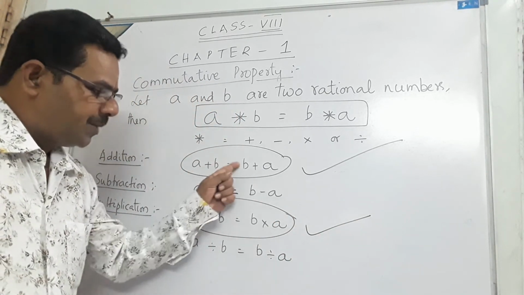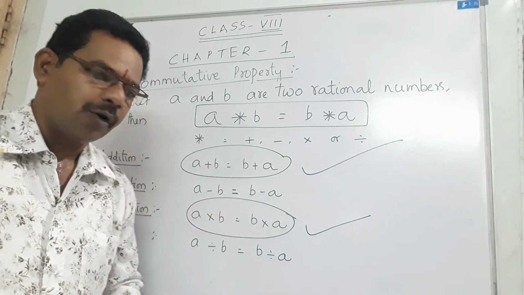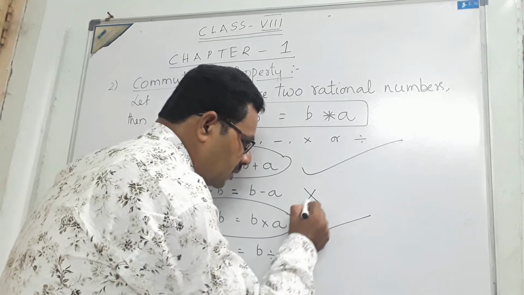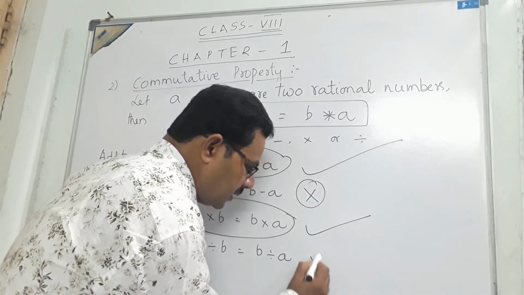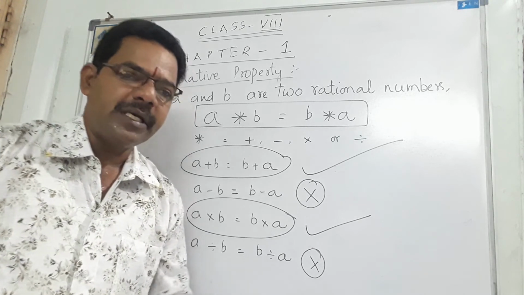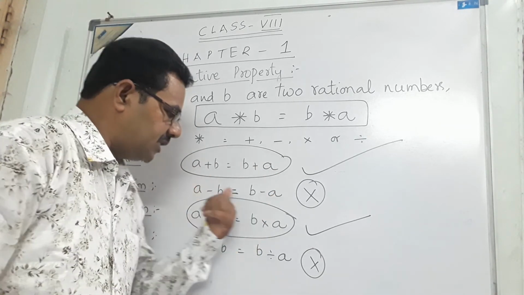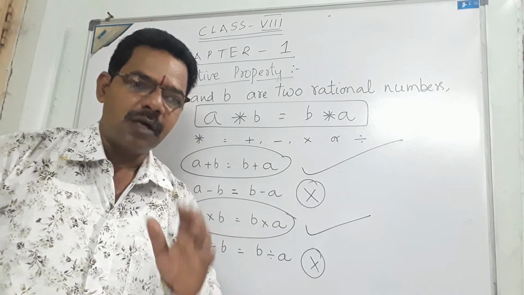So only these two basic mathematical operations follow the commutative property. The remaining two are not following. Why are they not following? A plus b is equal to b plus a, it is true. But a minus b is equal to b minus a, it is not true.